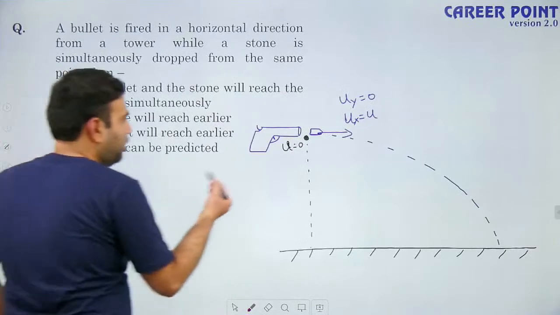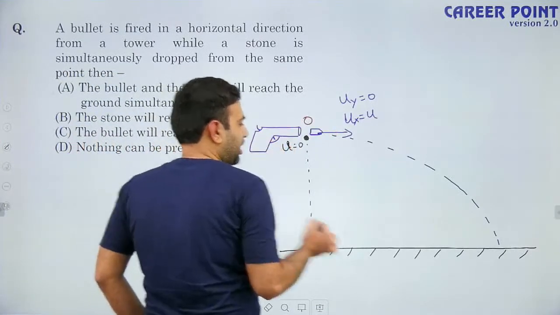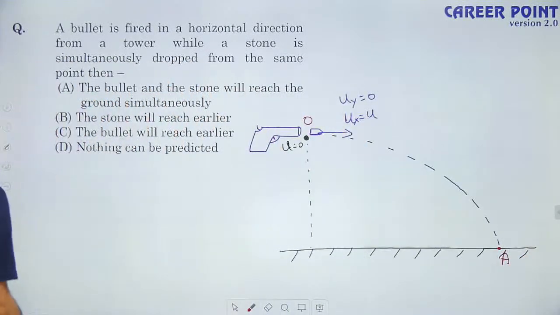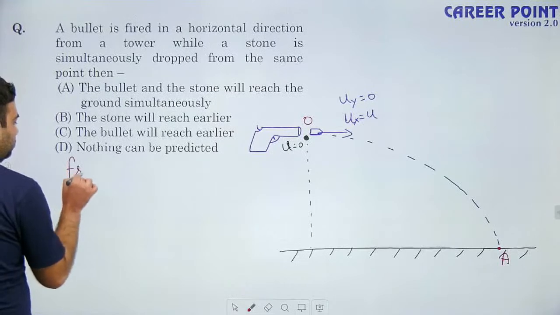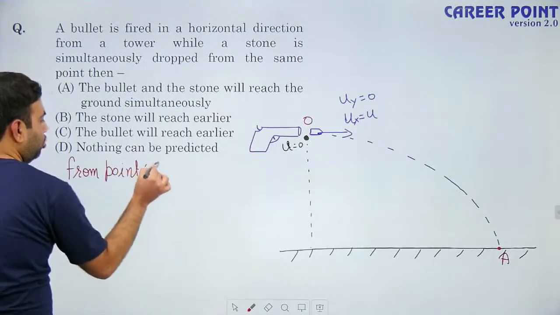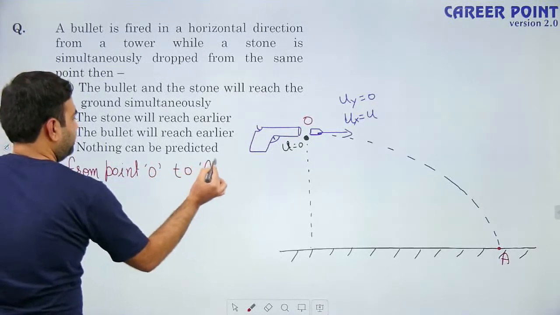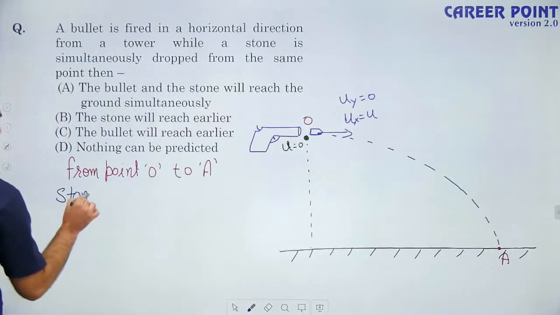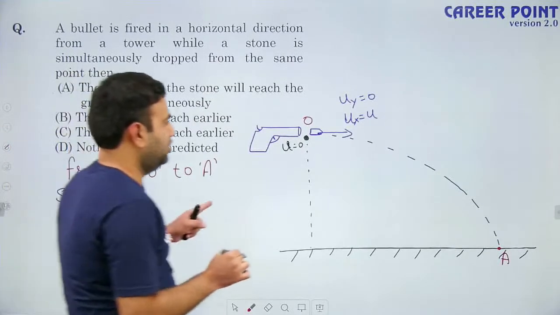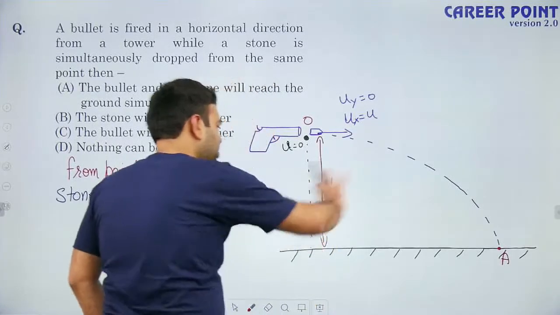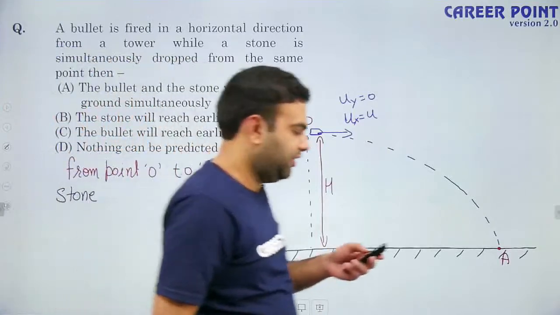Suppose this point of projection is origin and suppose this is point A. Now see, from point O to A, if I talk about the stone, and let's suppose the initial height is equal to h. Good, Prashant, very good.